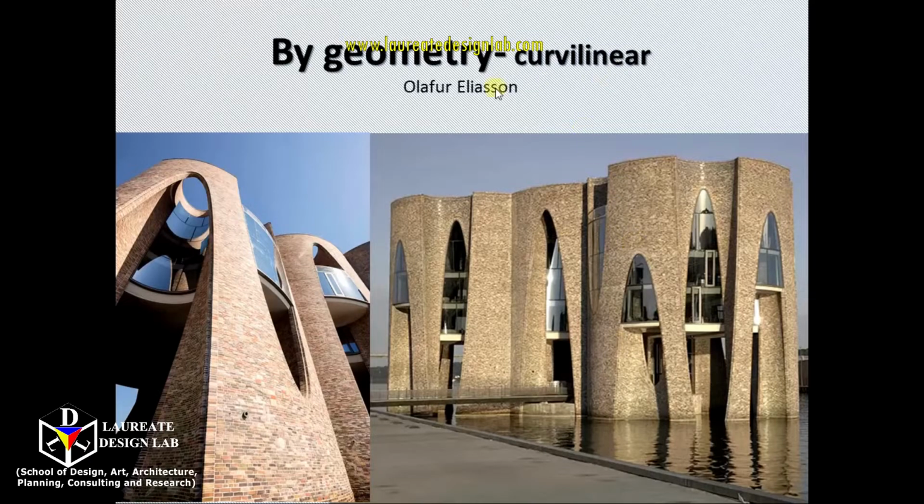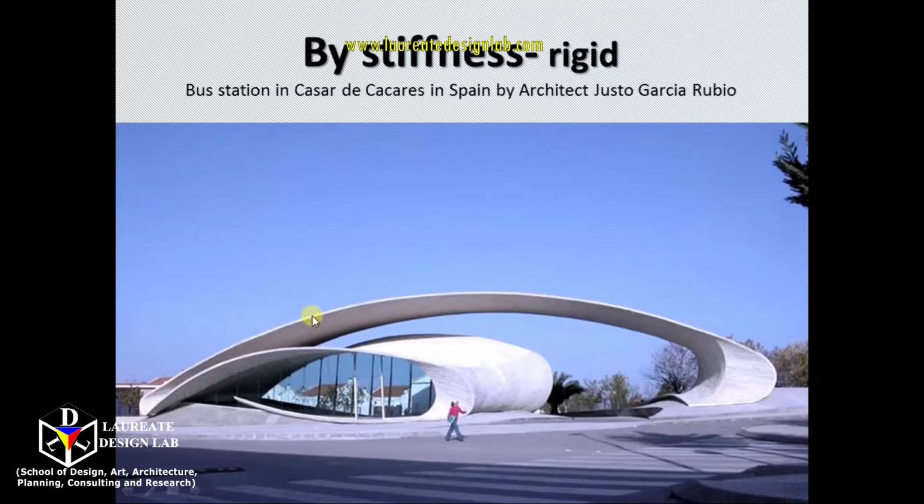By geometry, this particular structure which you can see here, made out of cylinder, is curvilinear. This structure which you can see here is rigid. So by stiffness, it is the example of rigid structure.